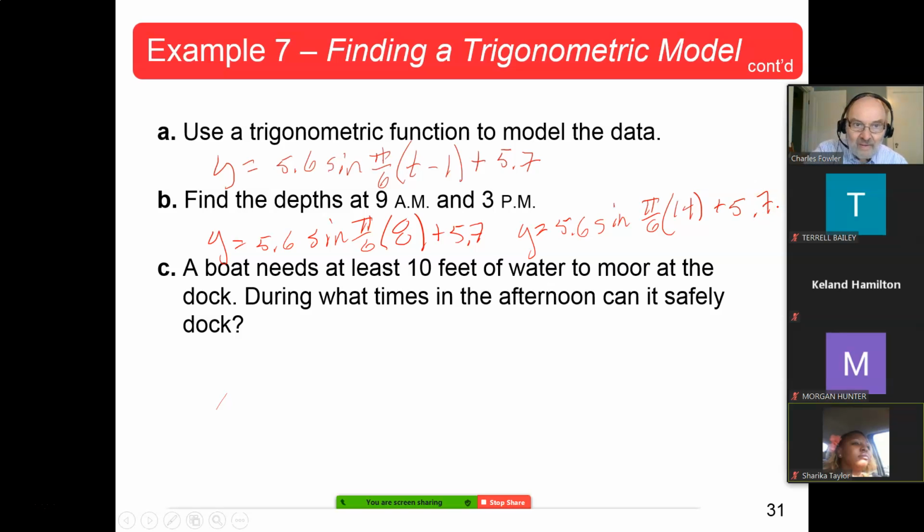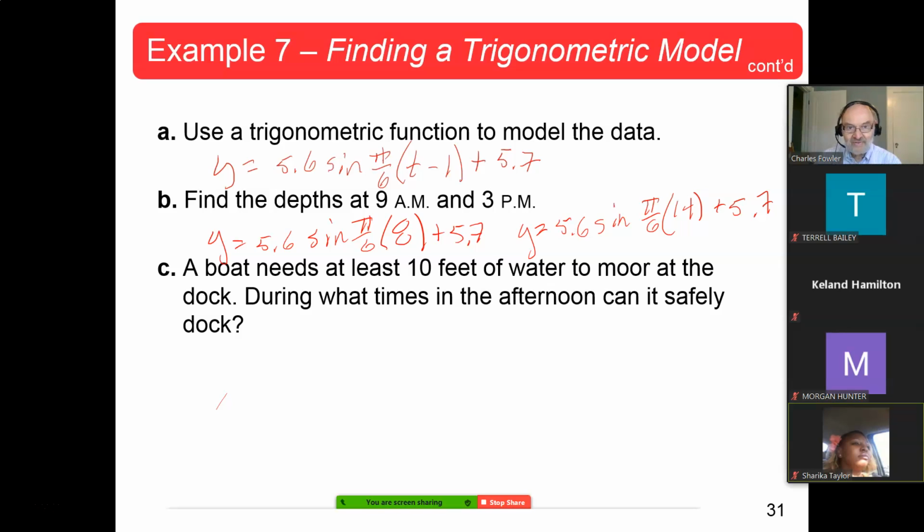All right. Pull out the calculator. Make sure you're in radian mode. I am. I'm going to clear that just so it won't be in the way. 5.6 times, now I'm going to open parentheses for my calculation. 14/6 would be 7/3, so that would be 7 times pi divided by 3.